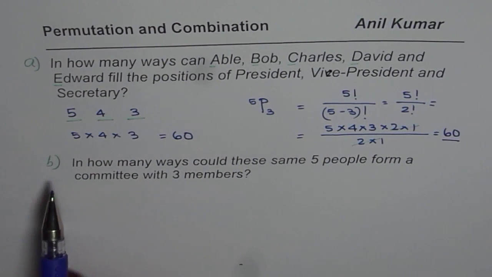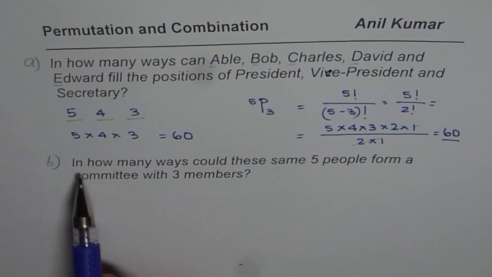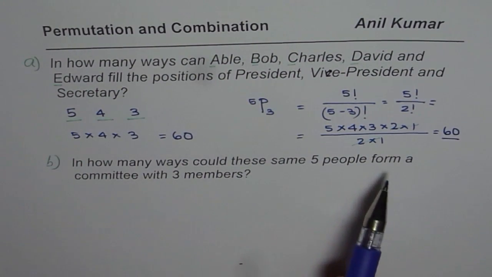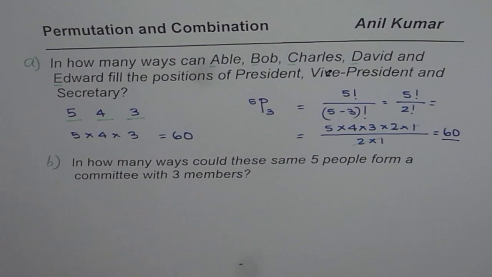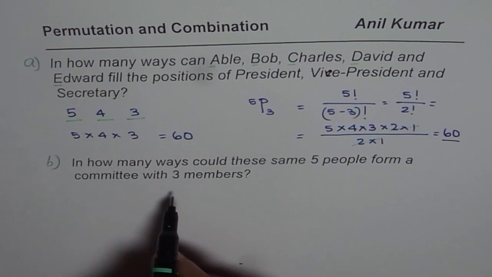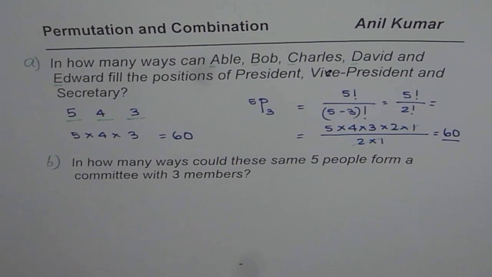Now let's look into part B. It says, in how many ways could these same five people form a committee with three members? Now when we are doing a committee with three members, in a committee all the members have the same position, right?